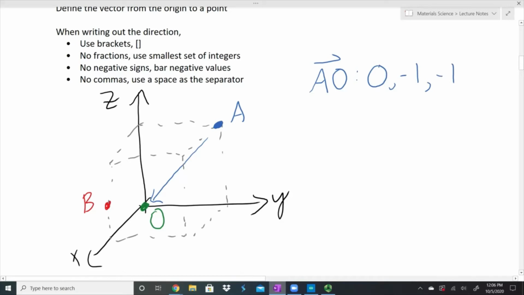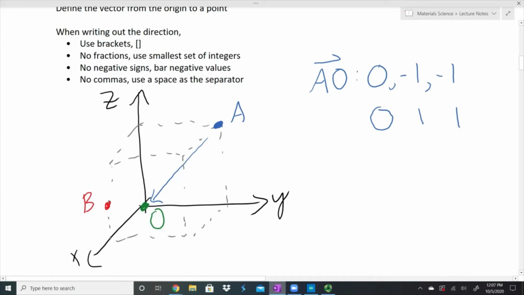And of course, you should start freaking out right now because I use negative signs, I have commas, I don't even have square brackets. What I'm doing right now is I'm just practicing, writing out what I know. So I need to take away my commas, and I need to take away my negative signs. If I take away my commas, I end up with 0, 1, 1.